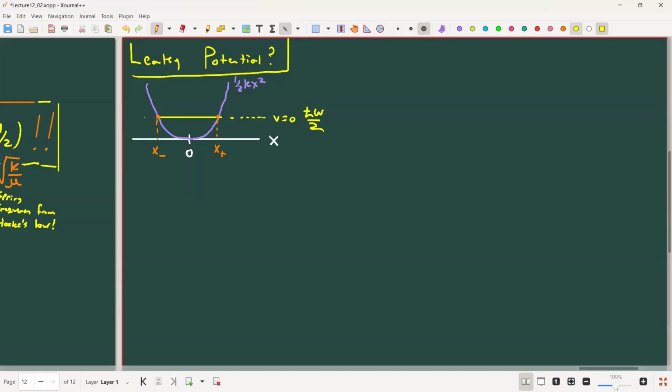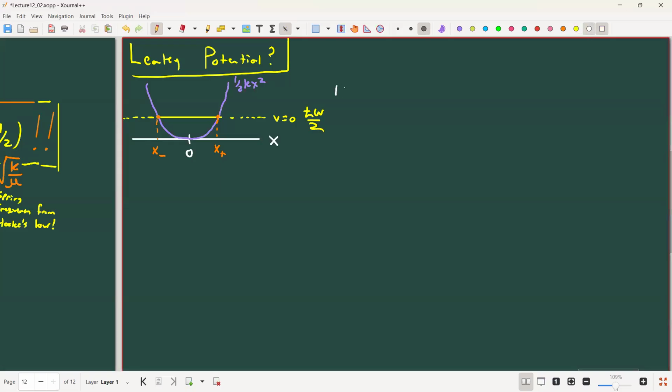So let's go ahead and impose on this our wave function squared. Let's think about the probability of where our spring is along this trajectory. And remember, the wave function for v equals 0 is proportional to e to the minus x squared.